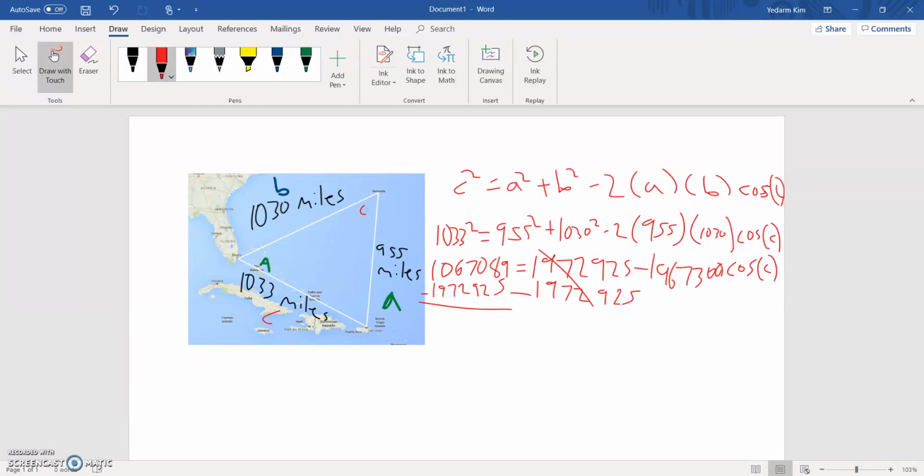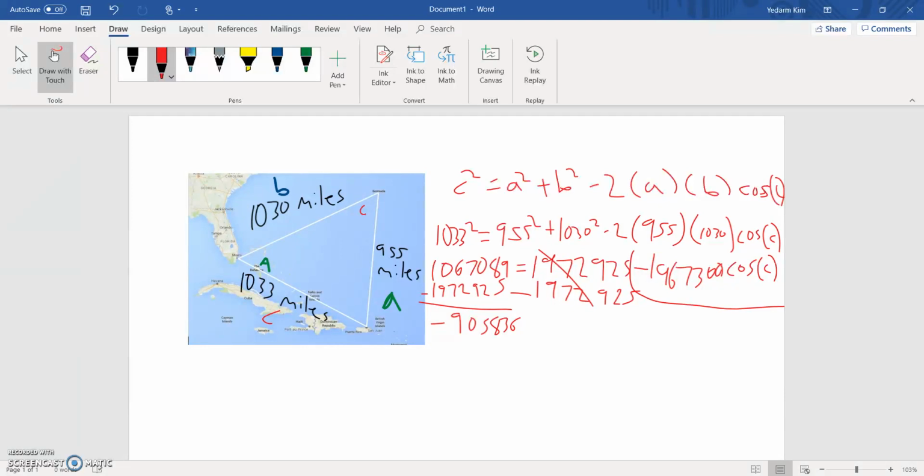And when you subtract that number on the left hand side, you get negative 905,836, and now all you have left is this equation right here.